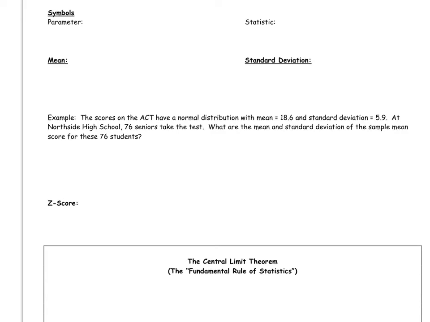Okay, so we're still talking about the sampling distribution, but we're going to talk about the sampling distribution for sample means instead of sample proportions, and we're going to see that a lot of the math is exactly the same. In this case, our parameter, remember that's the number that describes the population, we'll use the Greek symbol mu, and that's going to be the population mean or the population average.